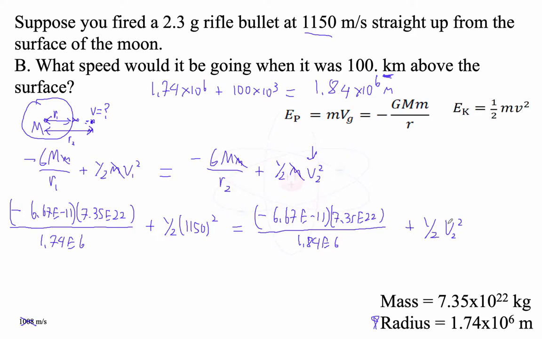I got negative 2156250. All right, now I'm going to subtract this term right here from it, right? So minus negative 6.67 E minus 11, notice we're subtracting it, we're really adding it, right? Times 7.35 E22 divided by 1.84 E6.